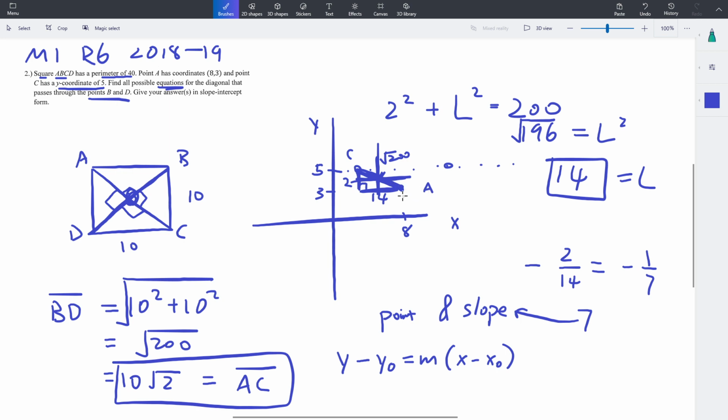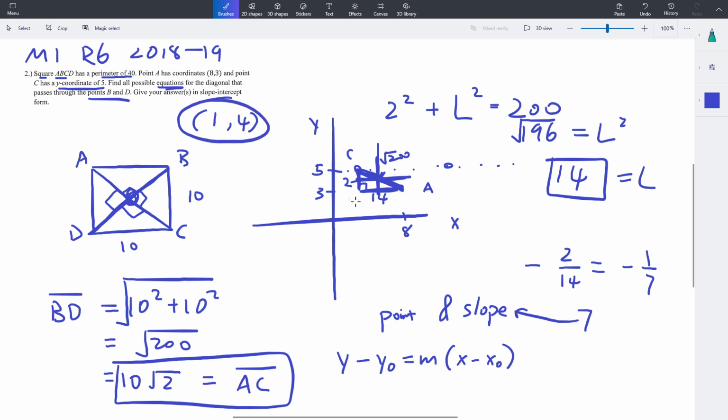And so that would be 1 up from point A and then 7 left from point A. So point A again is at 8, 3. So again, we said 1 up, so that's a y value of 4. And then we said 7 left, which is going to be 1. So 1 comma 4 is a point.